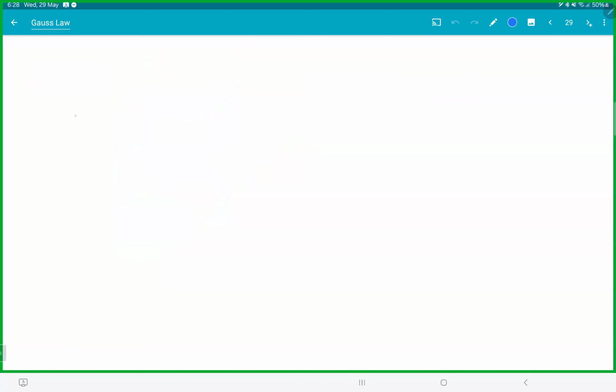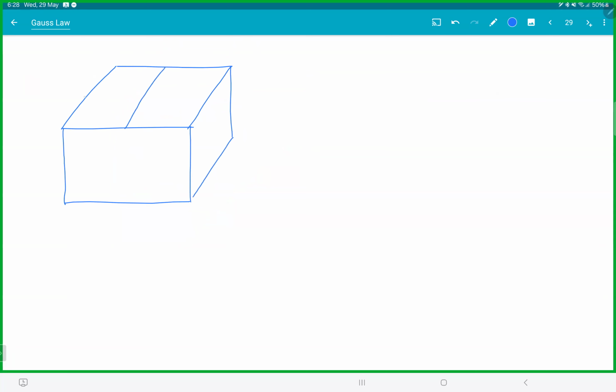Now, first, let's see how to find the flux due to one line charge. So it's like we are taking 4 cubes, isn't it? And now your line charge is passing through the center of them.